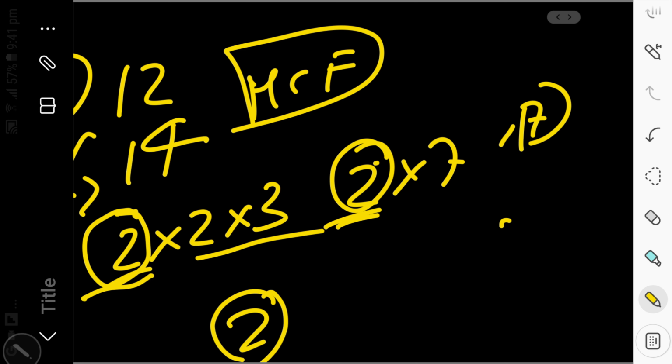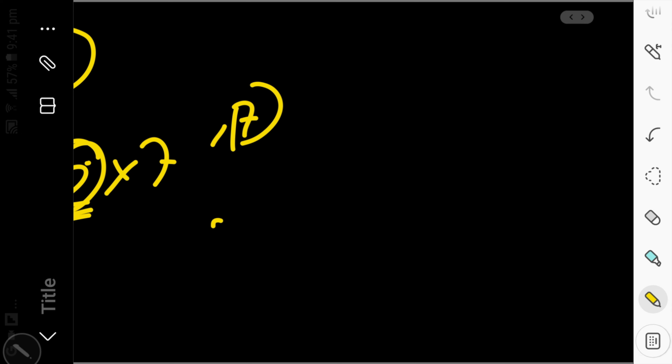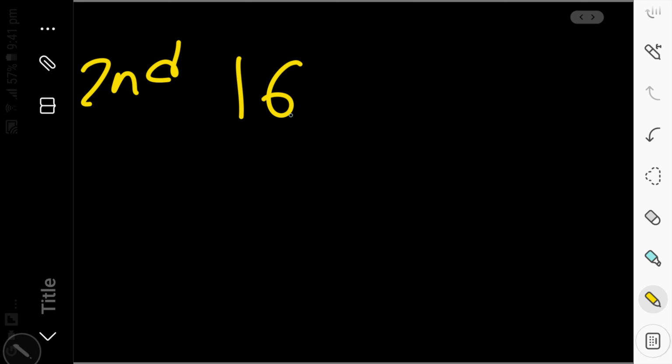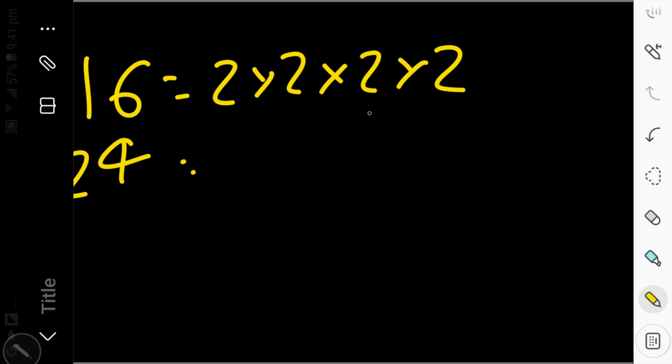Now let's go to more examples of the second method. Another example would be, let's say, 16 and 24. First of all, let's break them down. 2 into 2 into 2 into 2, which is 4 into 4, which is 16.